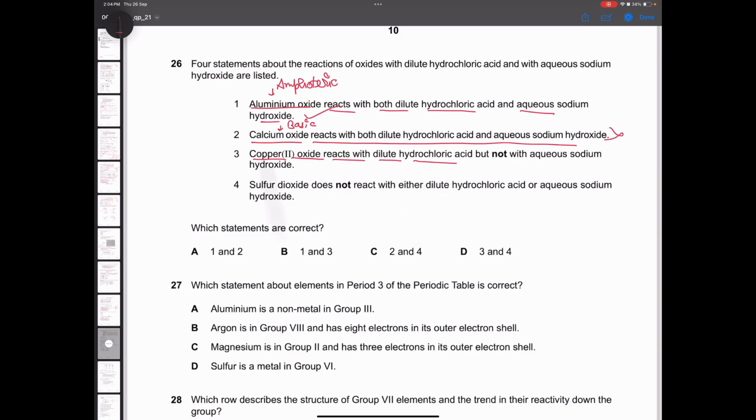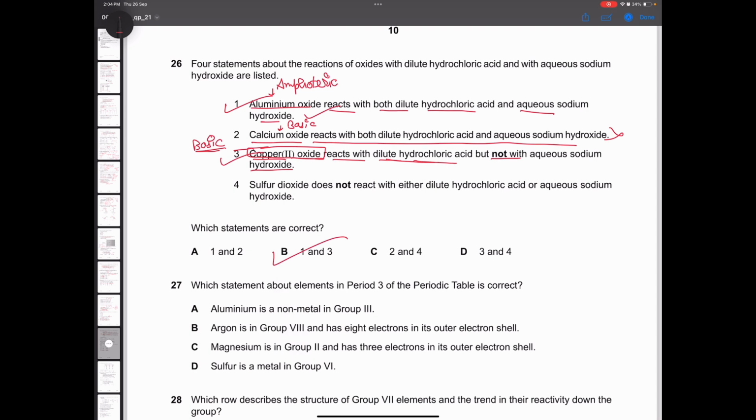Copper oxide is a metal oxide and metal oxides are basic in nature. So can a base react with an acid? Yes, but not with aqueous sodium hydroxide. True. Why will a base react with another base? So statement 3 is incorrect. Sorry, statement 3 is correct and statement 1 is correct. So 1 and 3 is the correct answer, which is option number B.